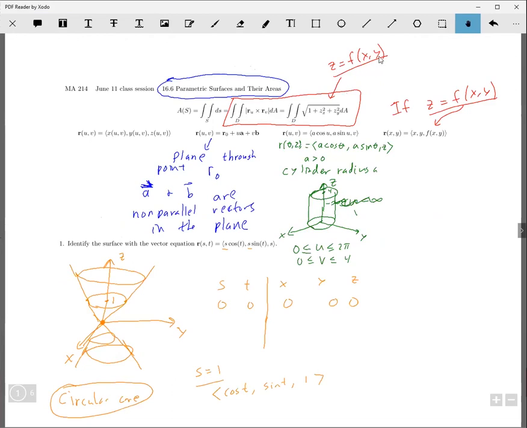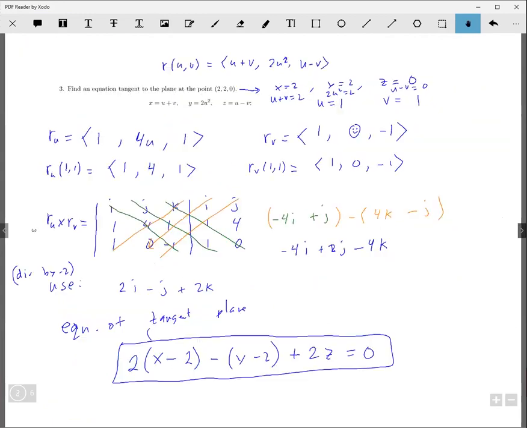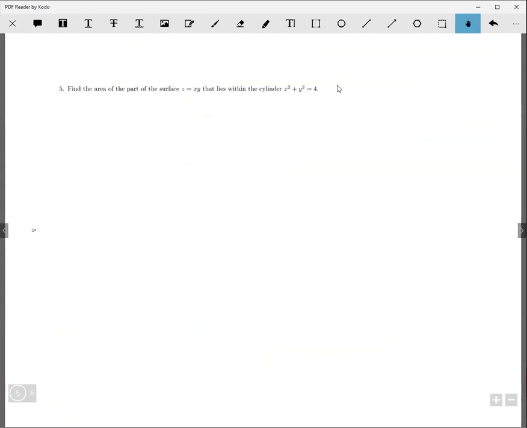If you have it as z equals something, then we use the second equation, which is what we have. We have z equals xy. So we're going to integrate over, this is a weird surface, and it's within this cylinder, x squared plus y squared equals 4.